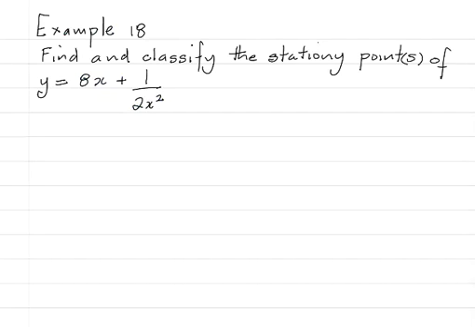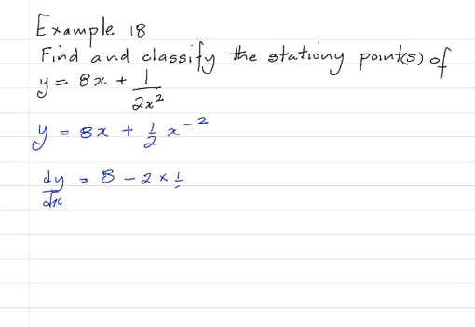Example 18 says again, find and classify the turning point. First we find the value of x at the turning point by equating dy by dx with 0. We have y is equal to 8x plus a half x to the minus 2. dy by dx is equal to 8 minus 2 times a half x to the minus 3.